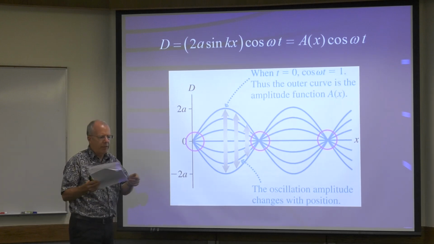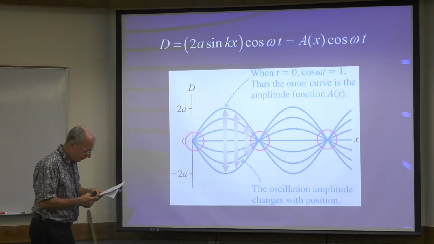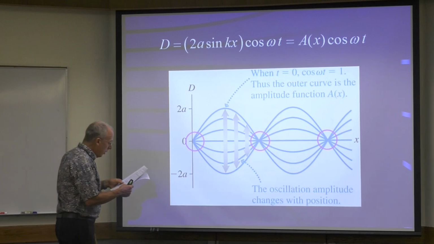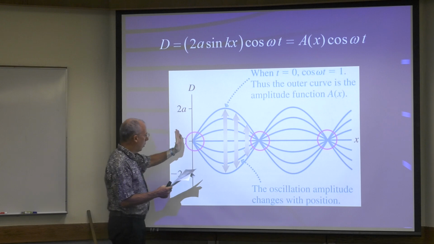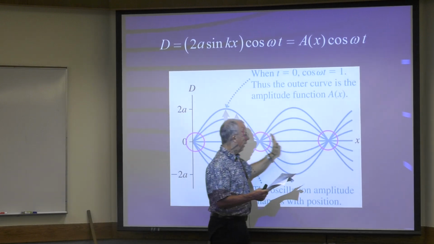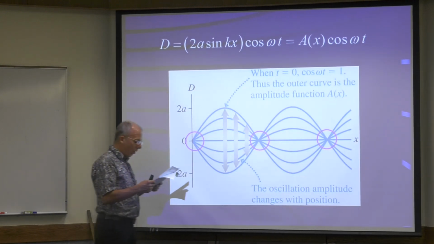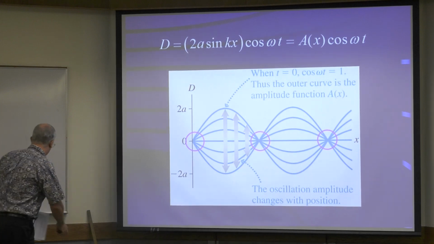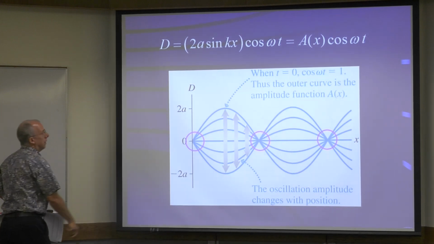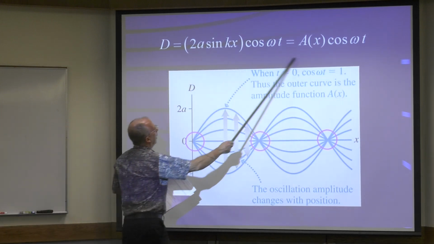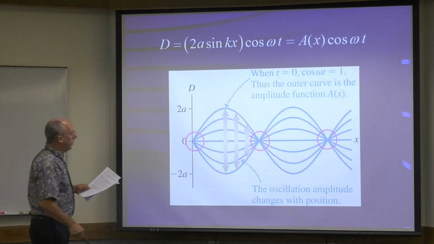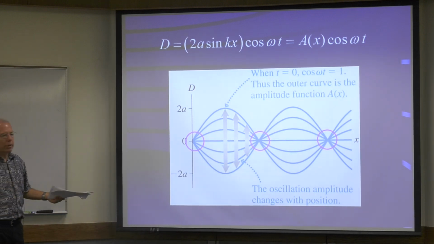So you have to understand it, not memorize it. We want to find the locations where the amplitude is always 0. So you look at this formula, and we want the amplitude to be 0 for all time and eternity.